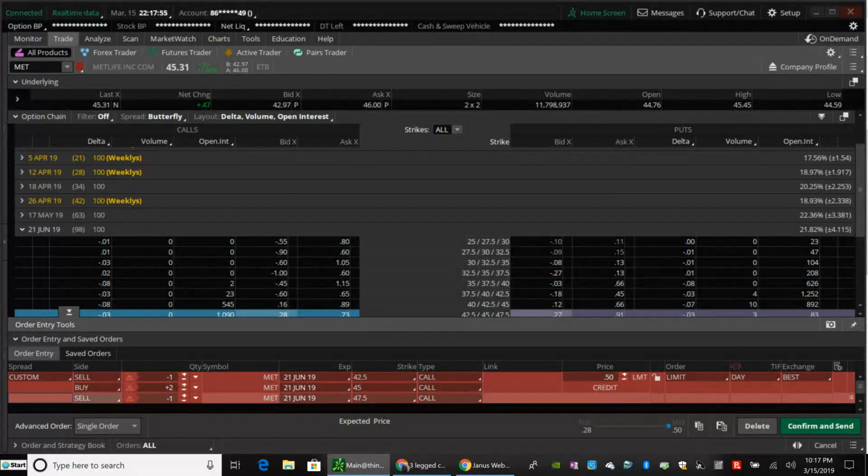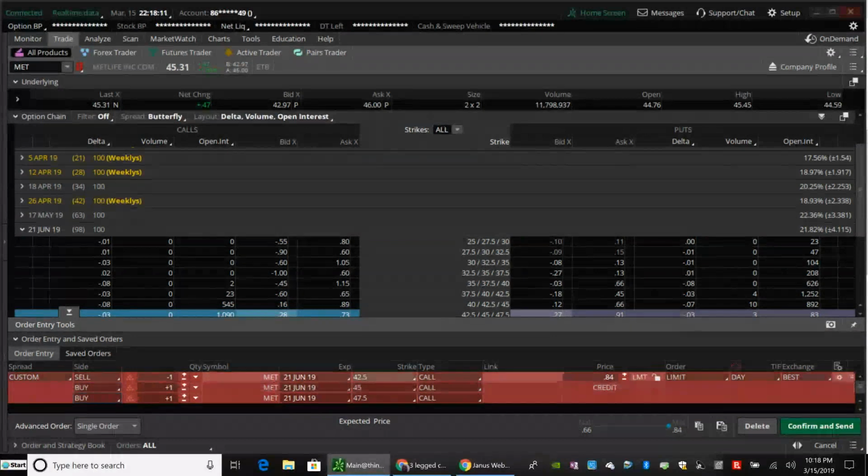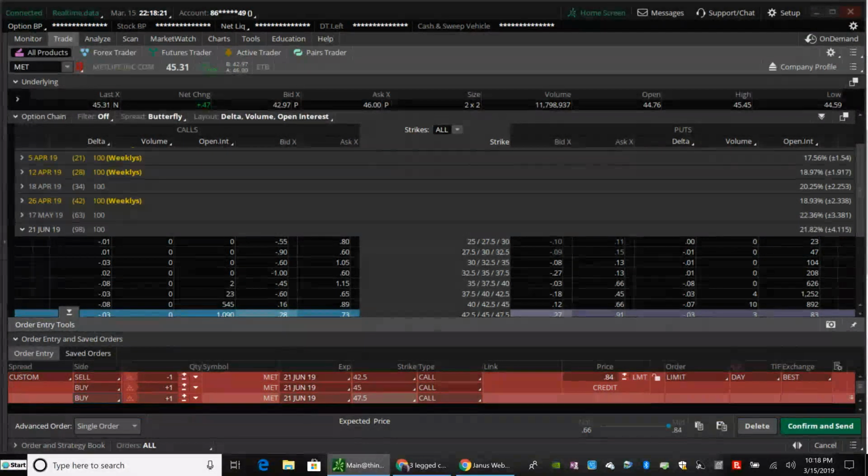We're only going to sell one position, so the other two will be buy. So we click on buy here, and since it was a butterfly, we change this middle one to a plus, so +1. And we did 42, 45, 47, so that is correct. We are selling one call and buying two other calls.